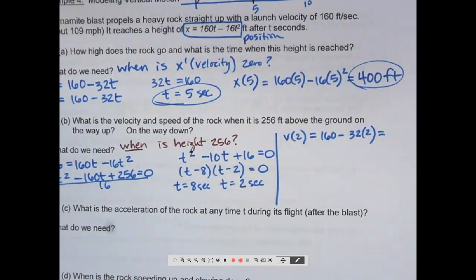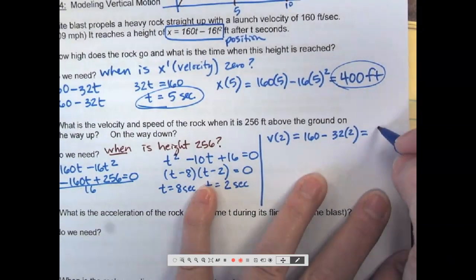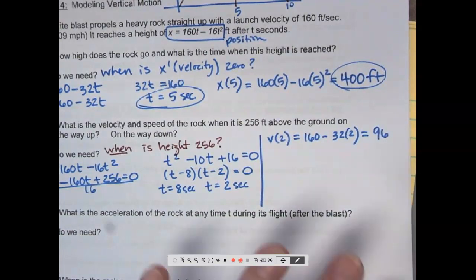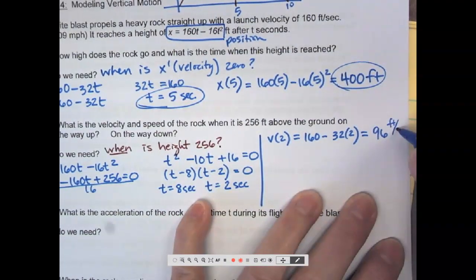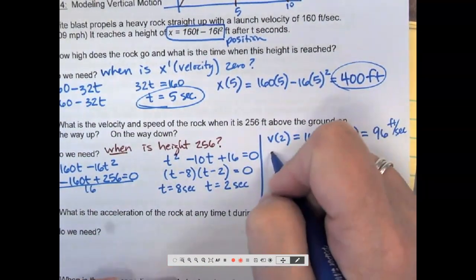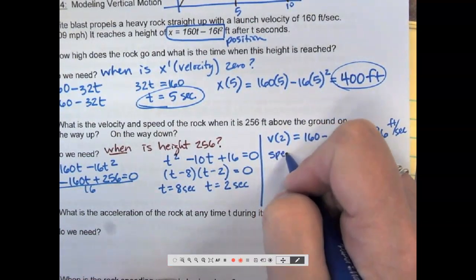160 minus 64 is 96. 96. What would my units be? Feet per second. Feet per second. Okay. What is the acceleration? I'm sorry, what is the speed at time equals 2?